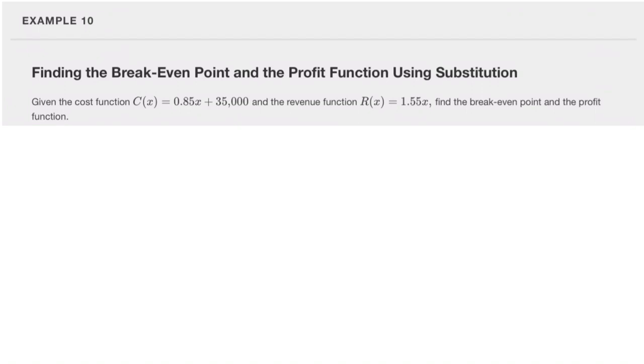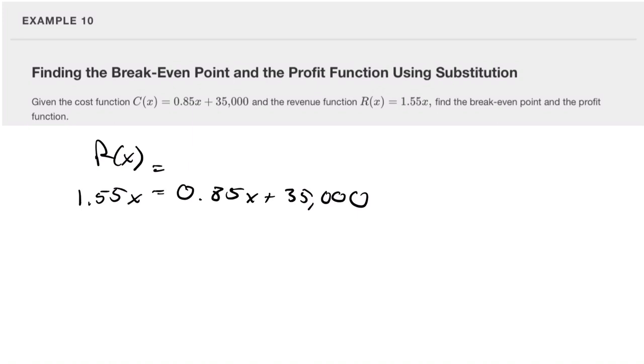Okay, so finding the break-even point and the profit function using substitution. Given the cost function and the revenue function, find the break-even point and the profit function. So the break-even is where the revenue equals the cost function. Again, that was our revenue function equal to our cost function.